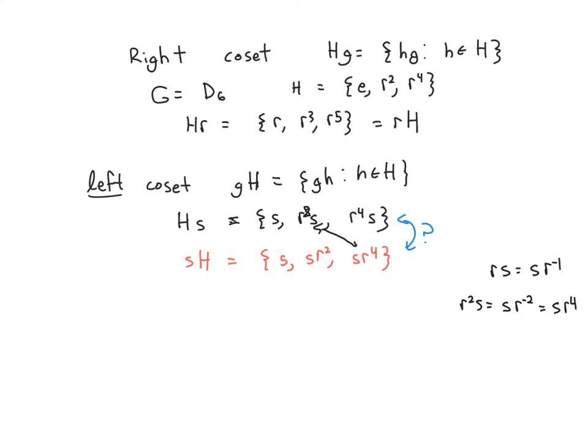So these two elements, R squared S and SR to the 4th, are actually equal. Likewise, it turns out SR squared and R to the 4th S are also equal. So in this case, it turns out HS is equal to SH as sets. So in this case, this left coset is equal to this right coset.